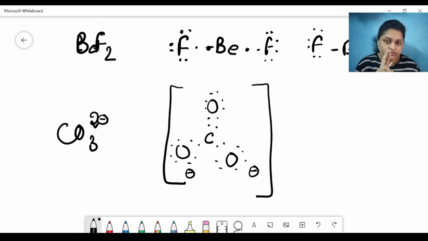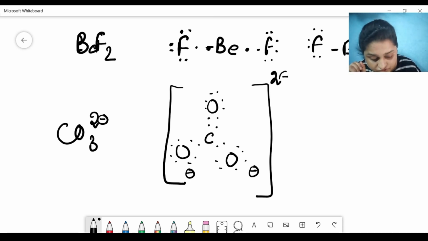Thus, there are 2 O- oxygens, each having 7 electrons in its valence shell, sharing 1 electron out of those 7 with one of the electrons coming from carbon. The remaining 2 electrons from the carbon are shared with 2 electrons coming from a neutral oxygen atom. Thus, this bond is being formed, and this Lewis structure is being formed.